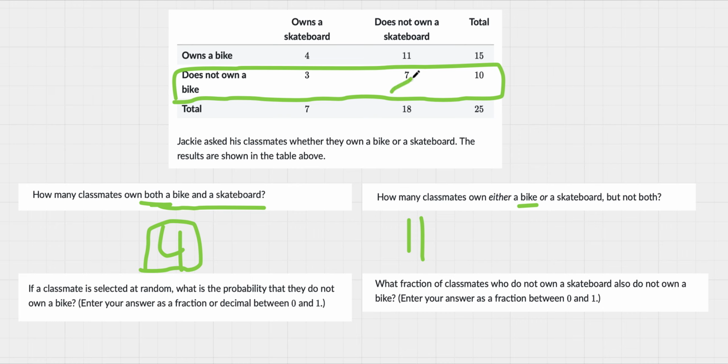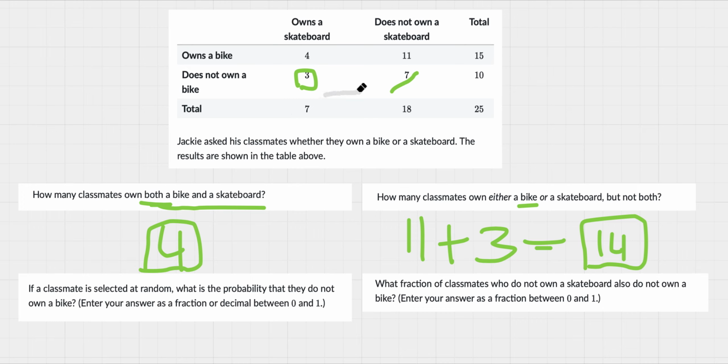So this one we can cross off, because these 7 people do not own a skateboard, and we're looking at people who own a skateboard. So we have 3 here. Let's add 3. It's asking how many classmates in total. So in total we have 14 classmates which follow this scenario.